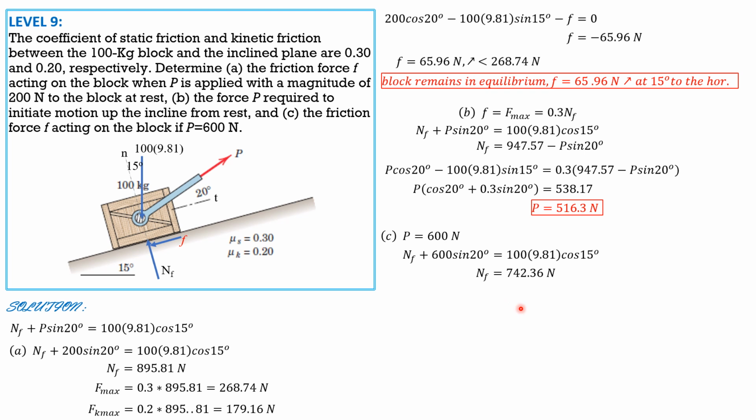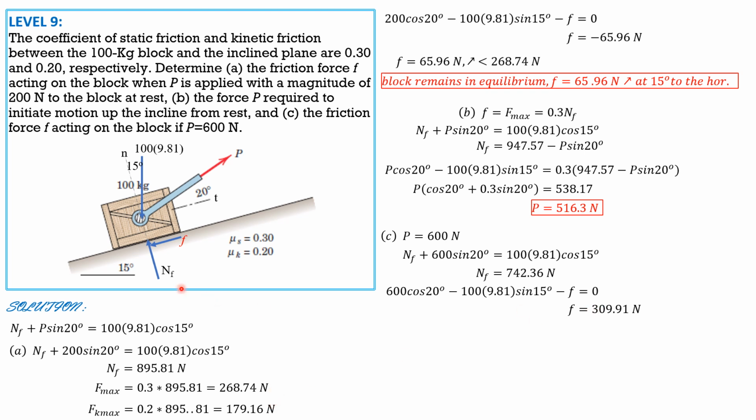NF is equal to 742.36 newtons. Then summation forces tangential equals 0. 600 cosine 20 degrees minus 100 times 9.1 sine of 15 degrees minus F equals 0. So solving for F, F is 309.91 newtons, and this value is greater than F max.